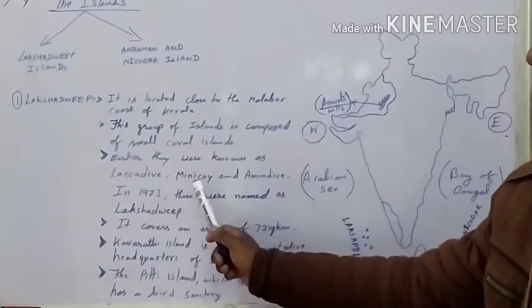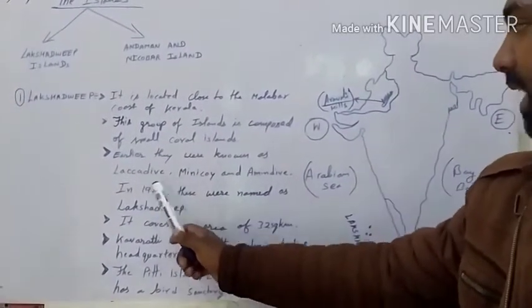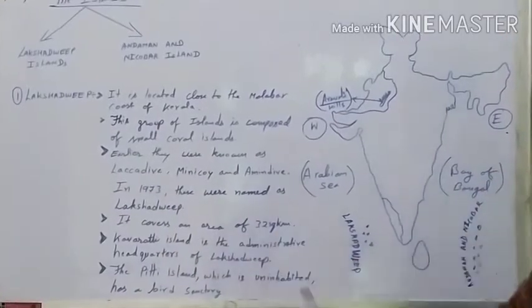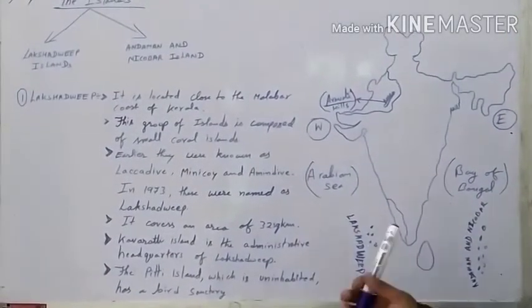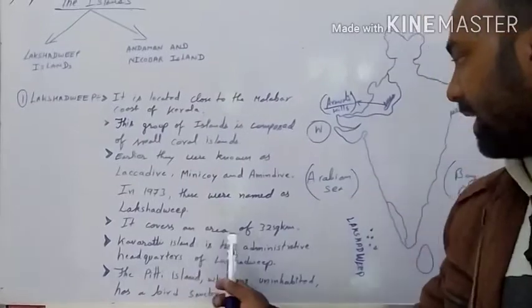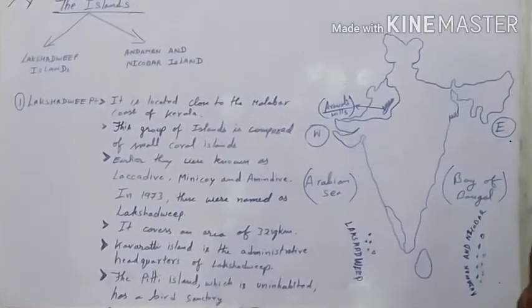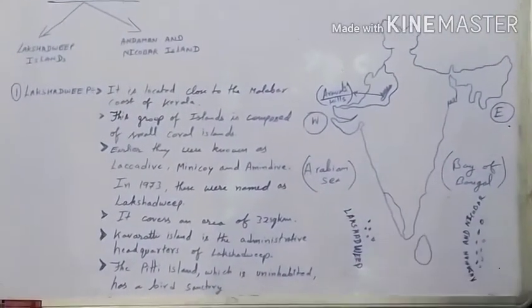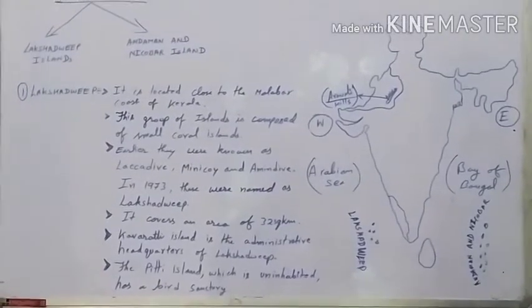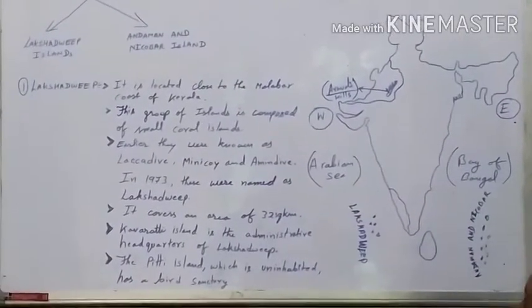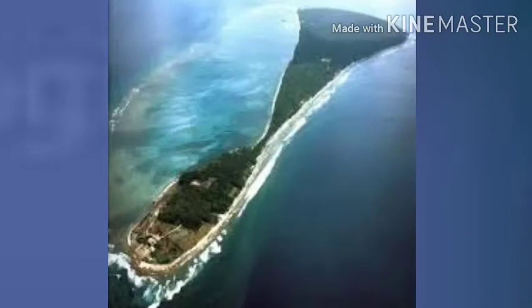Before that it was called by different names, Laccadive, Minicoy and Amindivi. Now the next point is that it covers an area of 32 square kilometers. It's not a big area, but it covers around 32 square kilometers. It's a small island and it is very close to the southern part of our country.